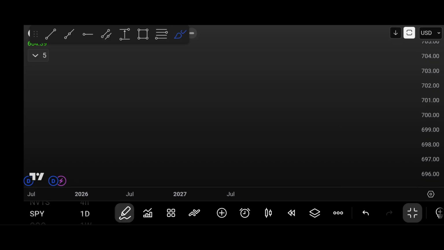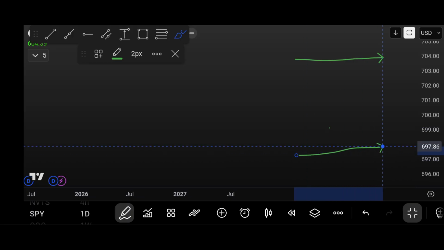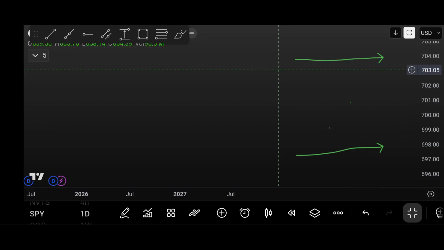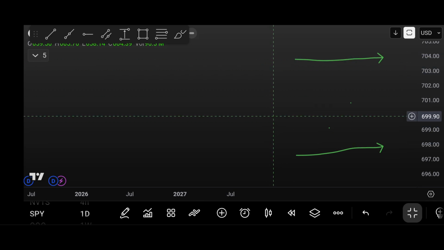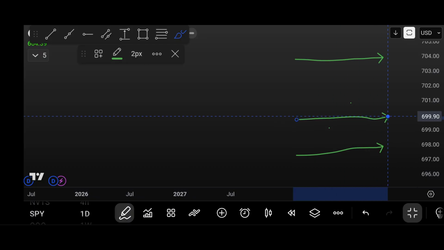So let's say you're saying, all right, I think this stock is going to 704. Great. Now you're like, all right, I think that I am wrong if it goes below 698. All right, great. So essentially what this means is in order to have at least a 2-to-1 risk reward here, you would have to go long at 700 or below, right?